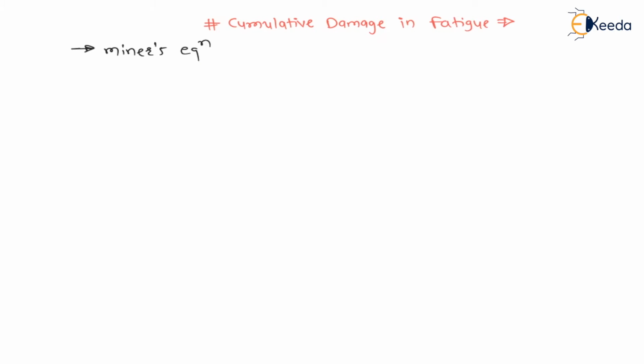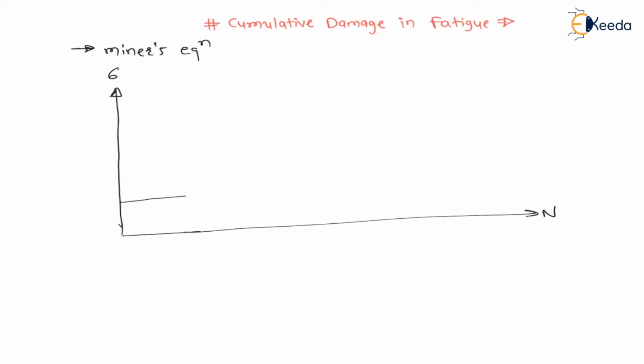For proper understanding of this statement, let us say one mechanical component is subjected to stress. On the y-axis I am considering stress, and on the x-axis I am considering the number of cycles n. Now let us say a component is subjected to completely reversed stress sigma 1 for the first n1 cycles, and after this the stress is changed.